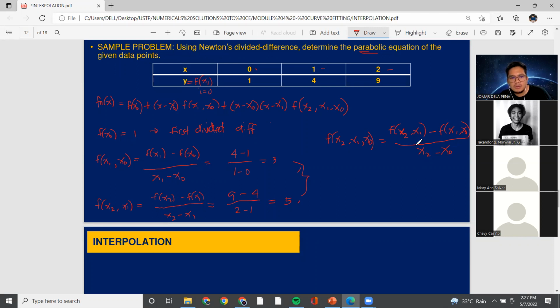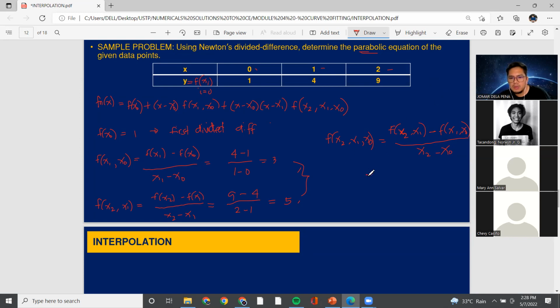X sub 2 and x sub 0. Dire x sub 2, x sub 1. So if maabot na tagupat ka data points dire to solve for the cubic equation, maabot na ta dire x sub 3 minus x sub 0. Right? Basta katong pinakadako dire nga sub number minus pinakagamay nga sub number nga value.